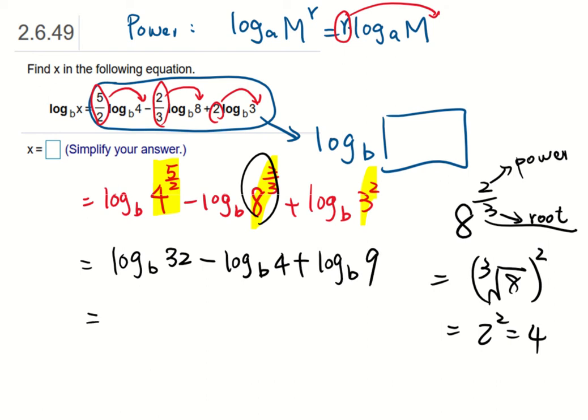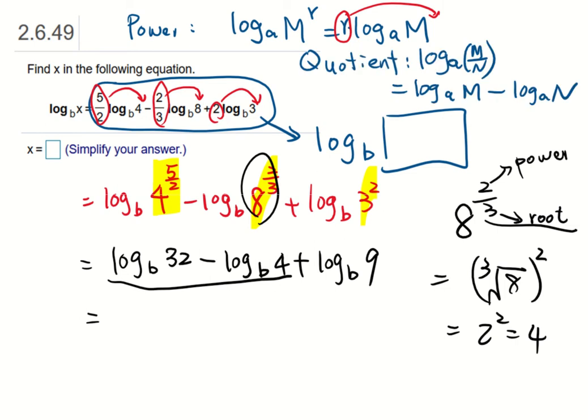All right, now combine these two as one log. I'm going to use the quotient rule that goes like this. Okay, so this is the quotient rule. So basically, if you have two logs with the same base subtracting, you can turn it into one log, and the new argument is the quotient of the previous two arguments.